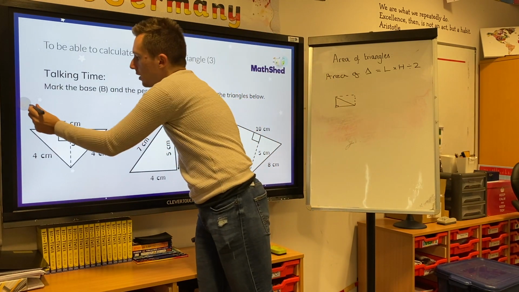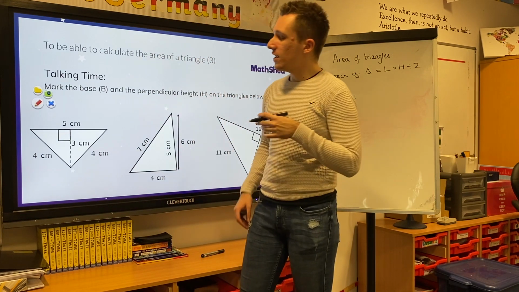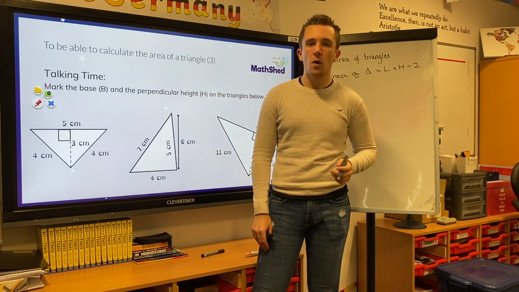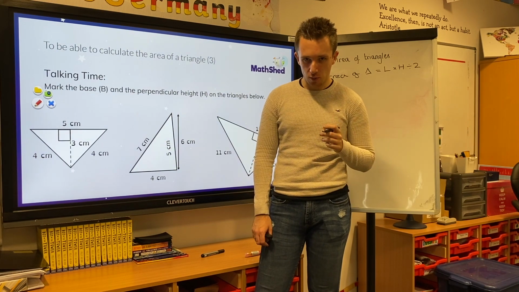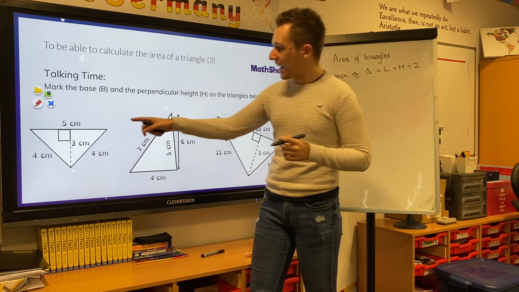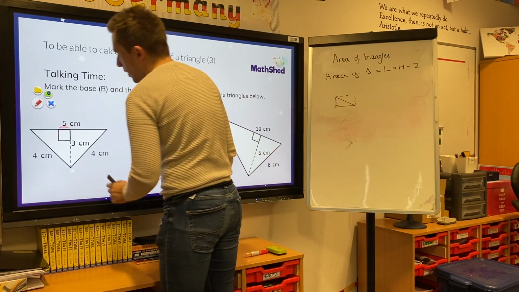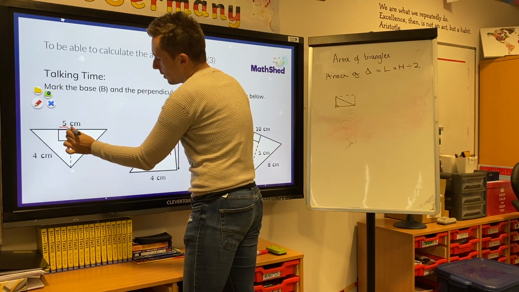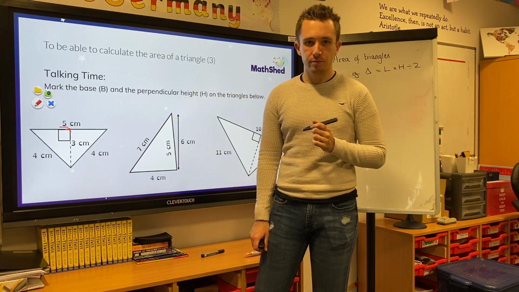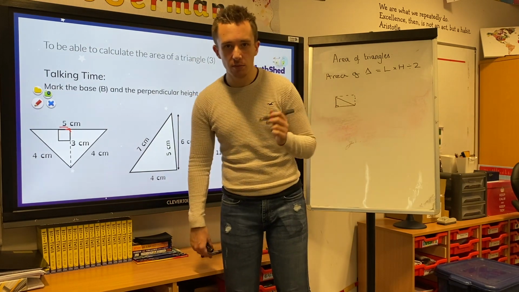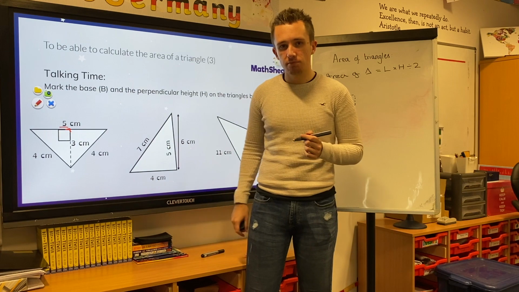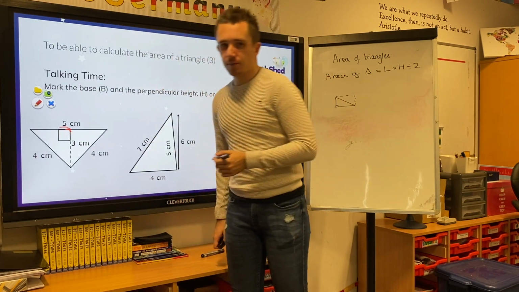Now, the length always goes along the bottom of the triangle. But in this case, it's upside down. So the length is always where the height meets a straight line. What we call perpendicular. It's where the height meets a straight line. So the length is 5.